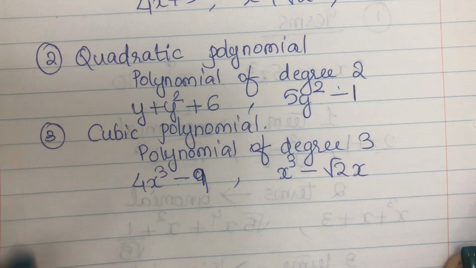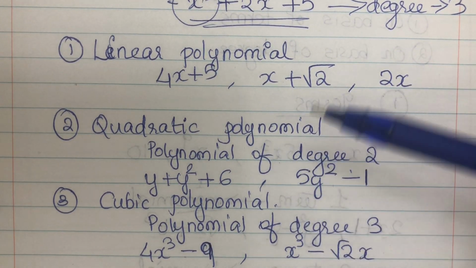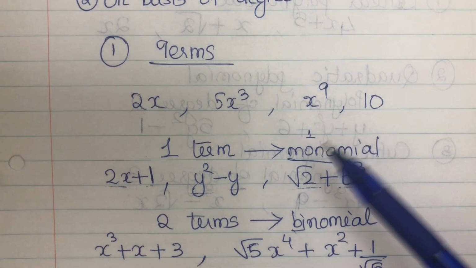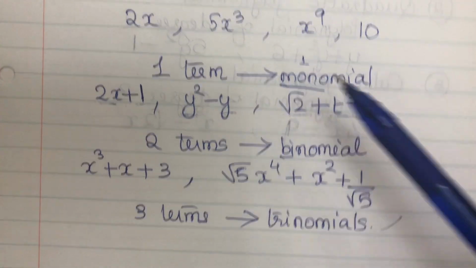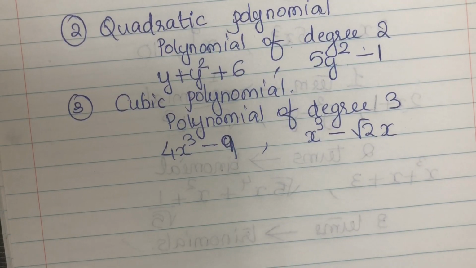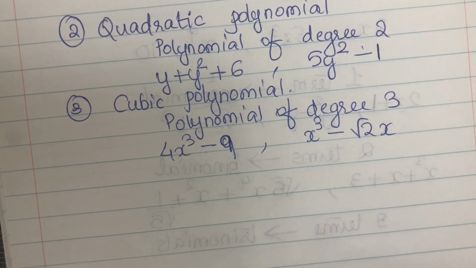So on the basis of degree, we classify polynomials as linear, quadratic and cubic. And on the basis of terms, we classify polynomials as monomial, binomial and trinomial. Clear, right? Also, please note that the degree of a zero polynomial is not defined. The zero polynomial is what?